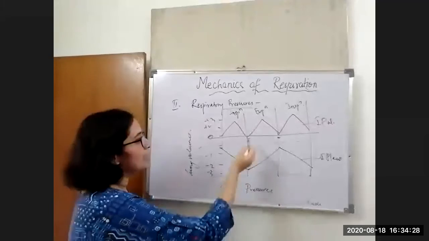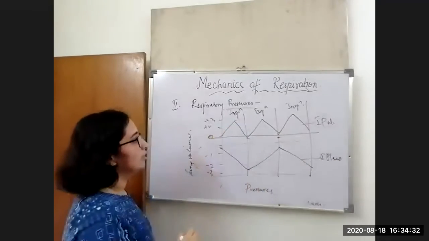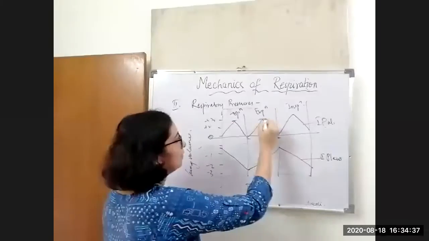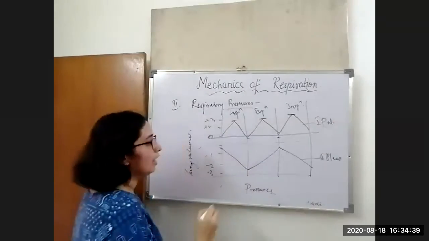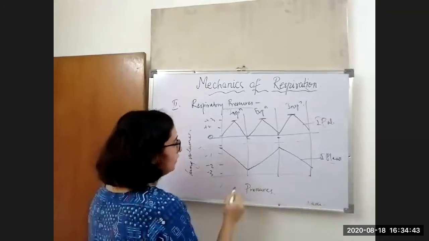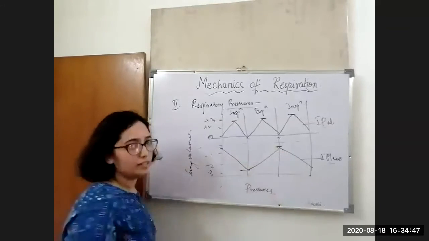We can also see that the pulmonary pressure is the highest during the mid of expiration. And the intrapleural pressure is highest at the end of expiration, and it is the lowest at the end of inspiration.